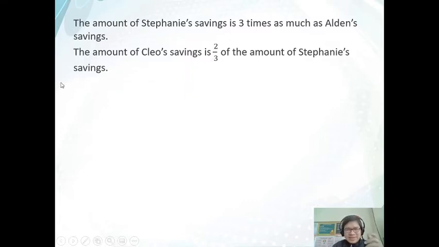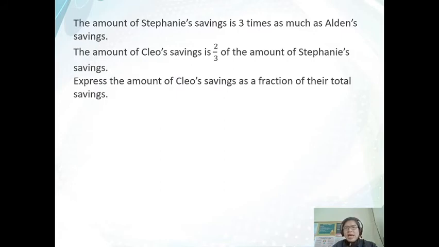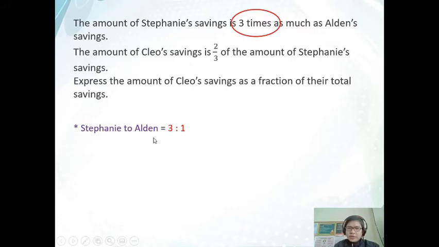Now, express the amount of Cleo's saving as a fraction of their total saving. So we are going to write Cleo's saving compared to the total amount of saving of the 3 pupils.